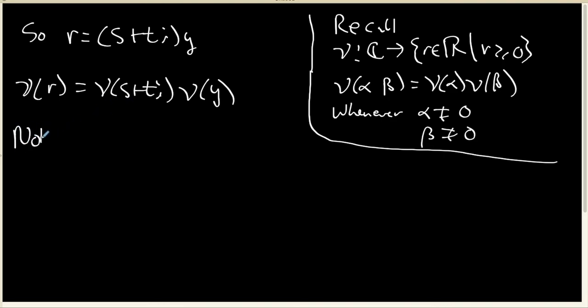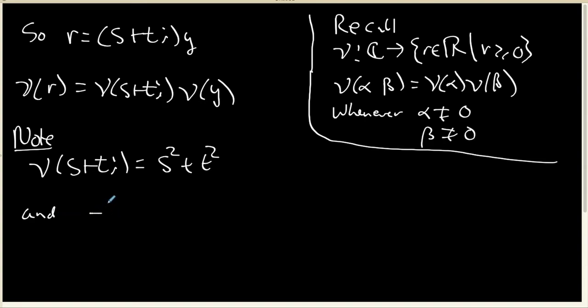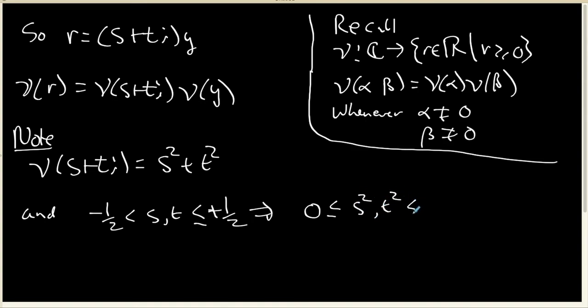Well, I want to note nu of s plus ti is going to be s squared plus t squared, and I know that minus 1/2 is less than s and t, both less than or equal to positive 1/2, and that says their squares satisfy 0 is less than or equal to s squared and t squared, and they're both less than or equal to 1/4.